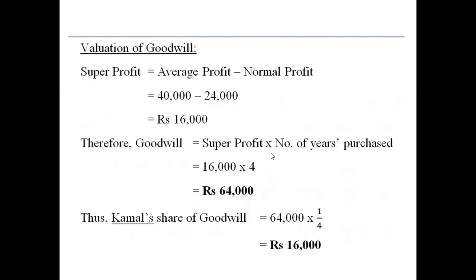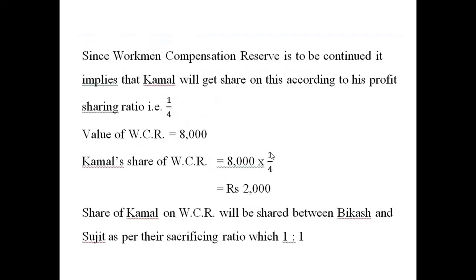Now let us see one more adjustment that is given here regarding the workmen compensation reserve. The workmen compensation reserve has to be continued. Whatever the amount of WCR which was already existing in the business will be continued in the new firm also, after the admission of Kamal.